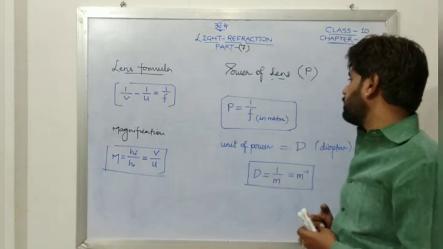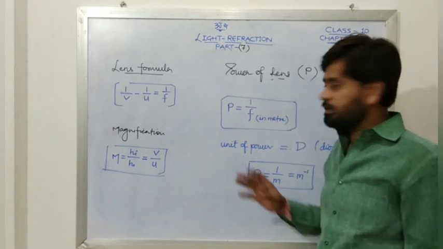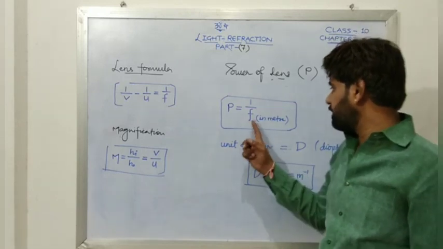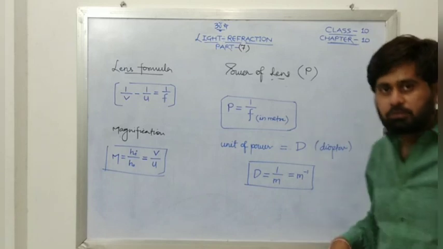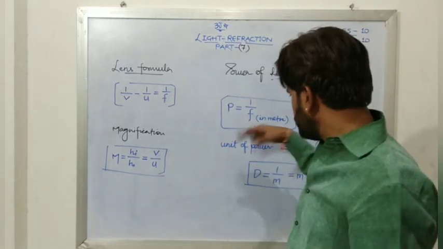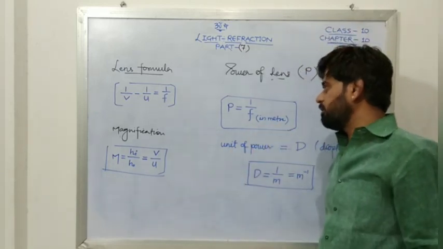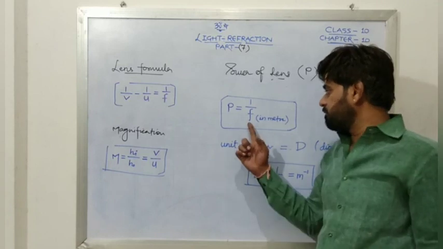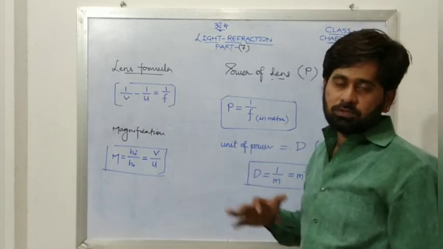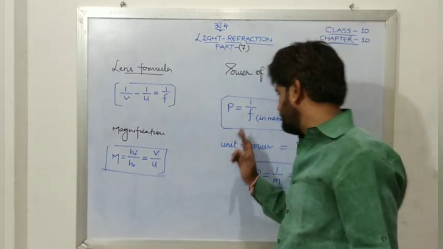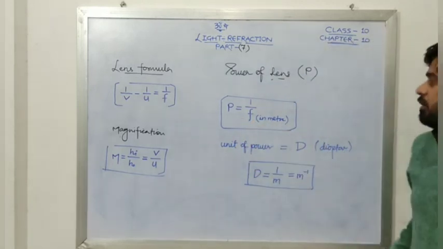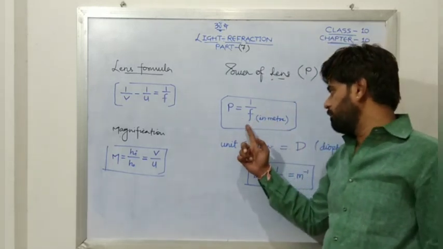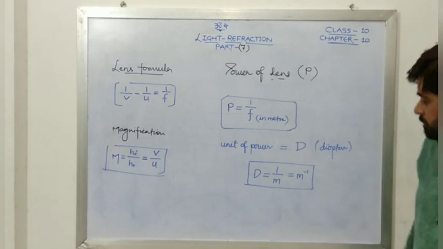So that is a concave lens, and the focal length of a concave lens is negative. So that's why our power used to be negative. But when we move to senior citizens or our grandparents' age, then the focal length used to be positive because they use a convex lens, which has positive focal length, so the power will be positive.